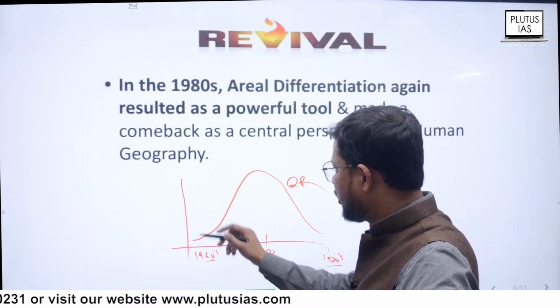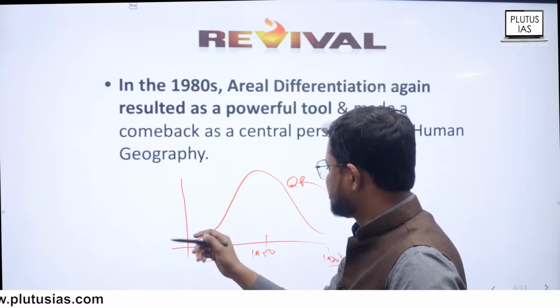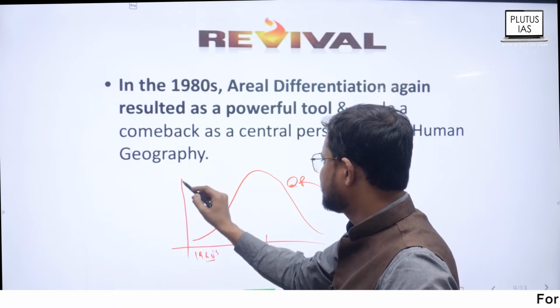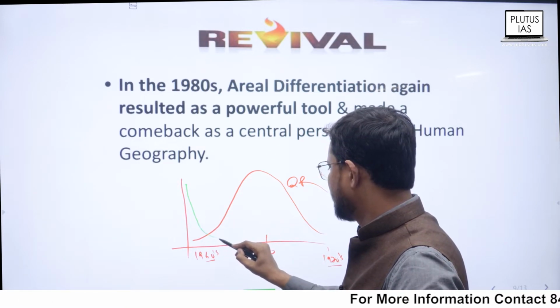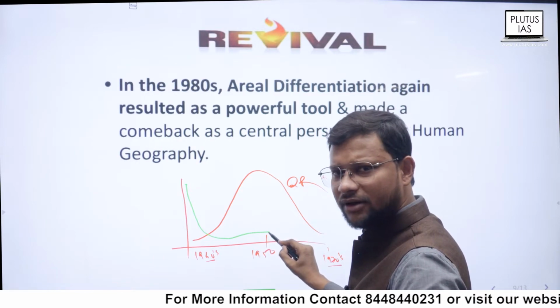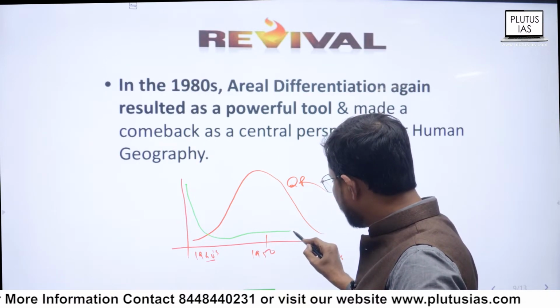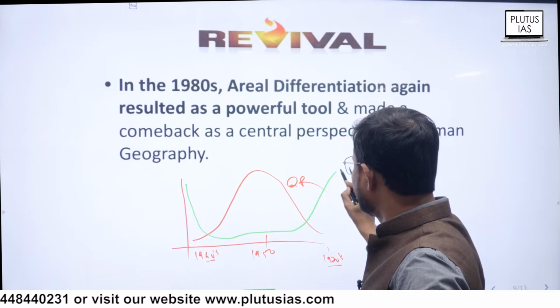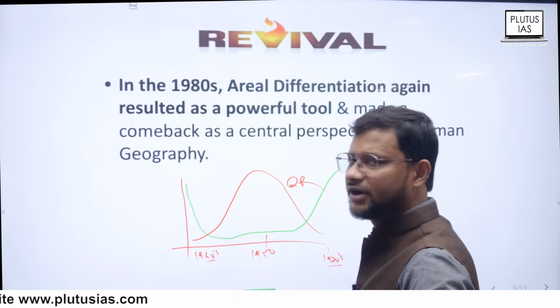But areal differentiation by that time was having a low ebb, okay, but it started to gain its momentum after 70s.